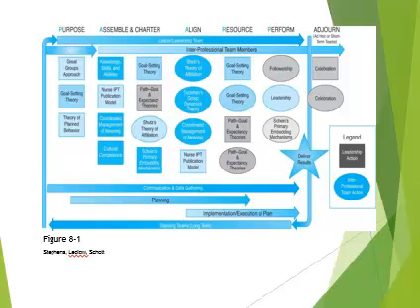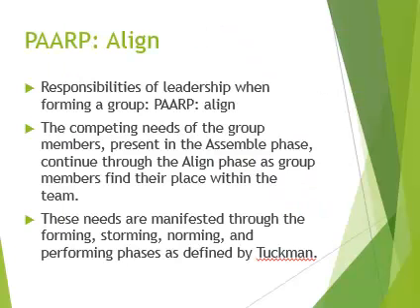All right, next is align. During the align phase, this is similar to the forming, storming, and norming phases defined by Tuckman when we talked about group dynamics. This is when the group members assemble and align as a group to find their place as a team.